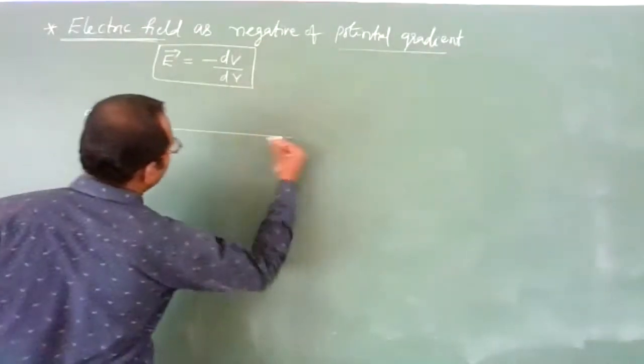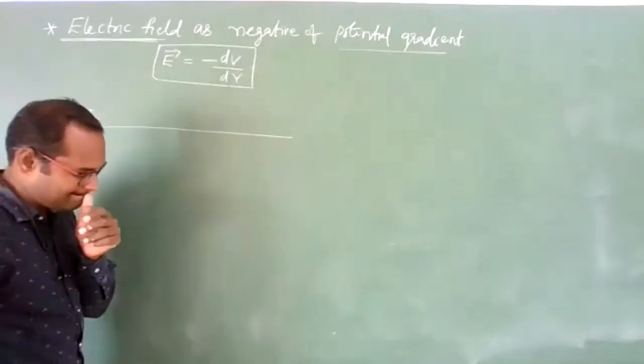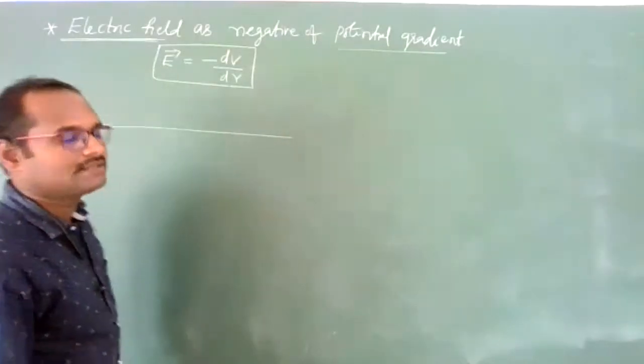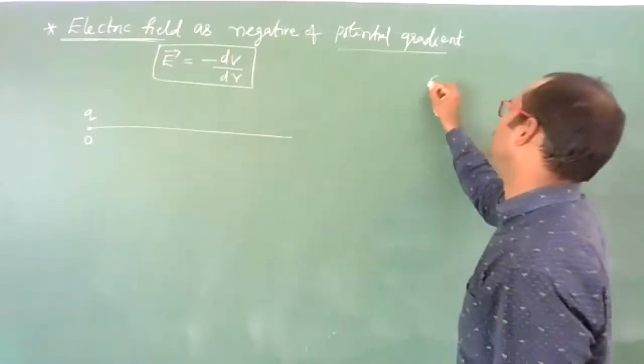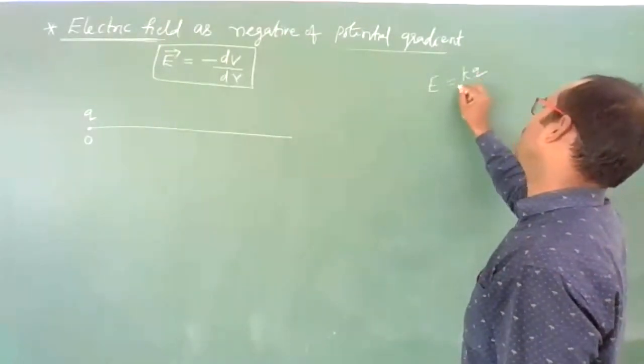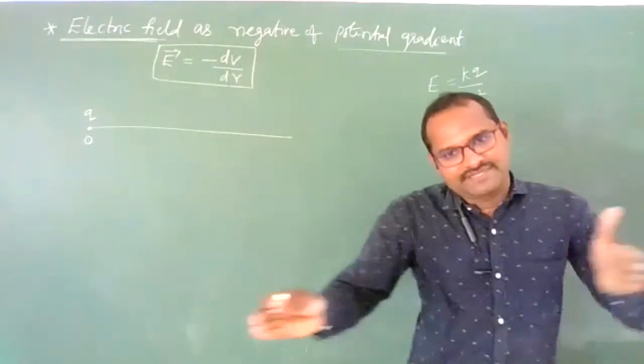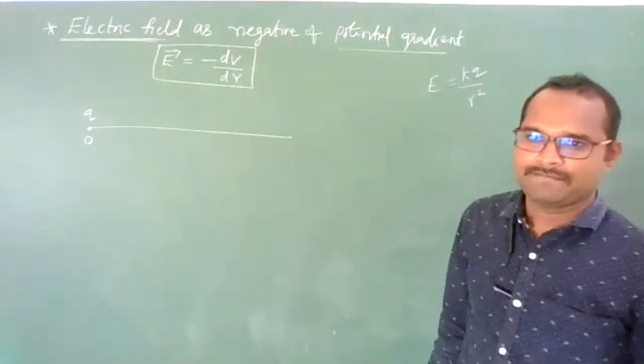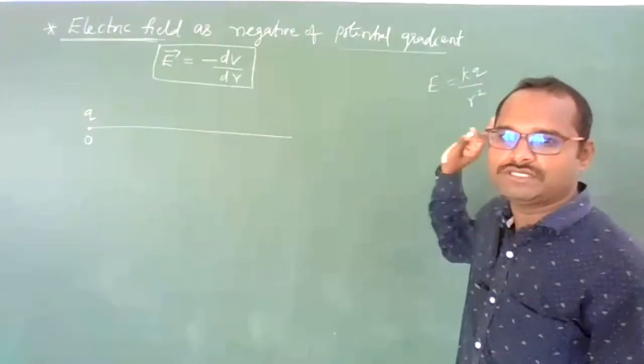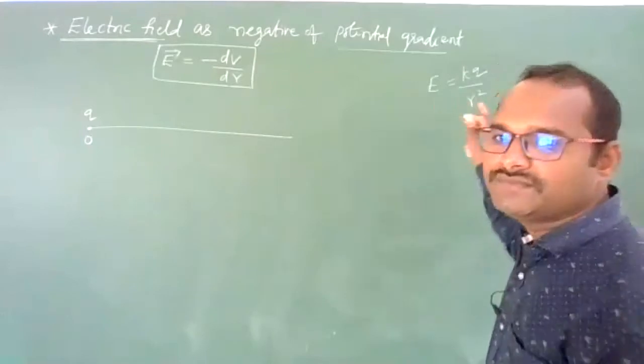In this direction, electric field is there. As you know, electric field at any distance is equal to kq by r square. Means with increase of distance, electric field is decreasing; E is inversely proportional to square of the distance.